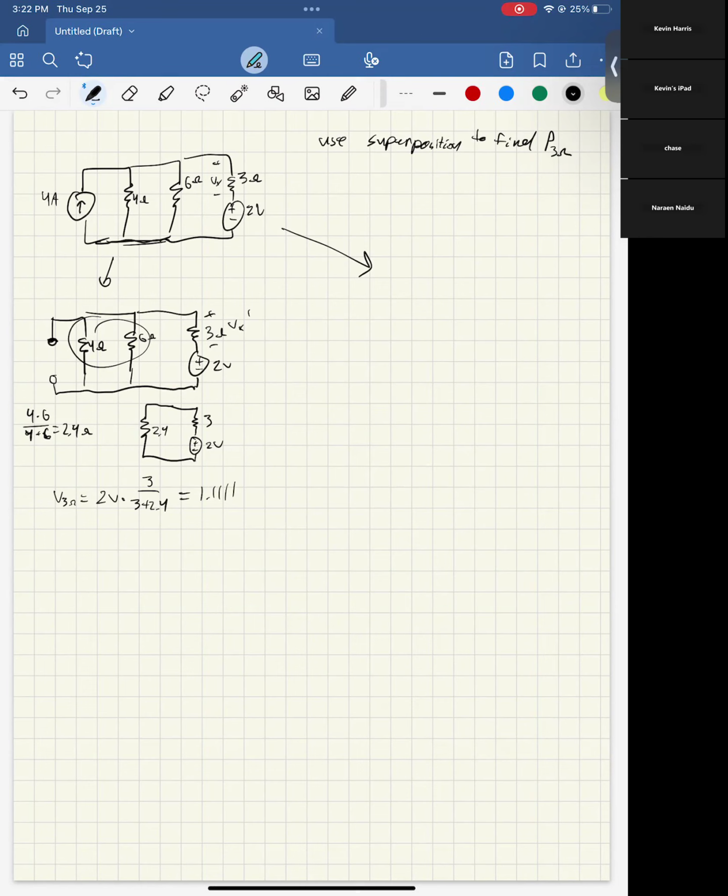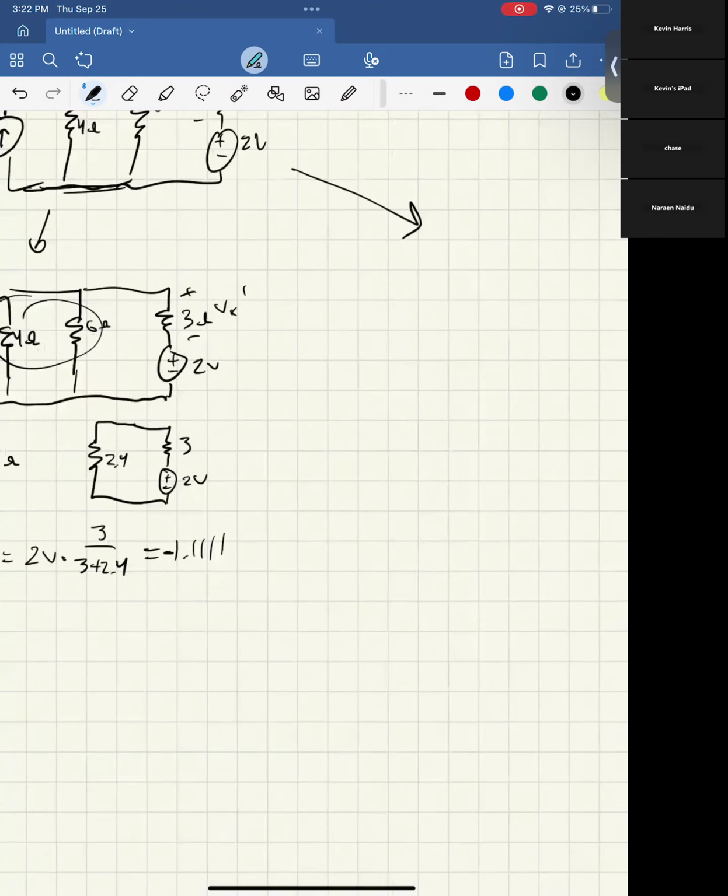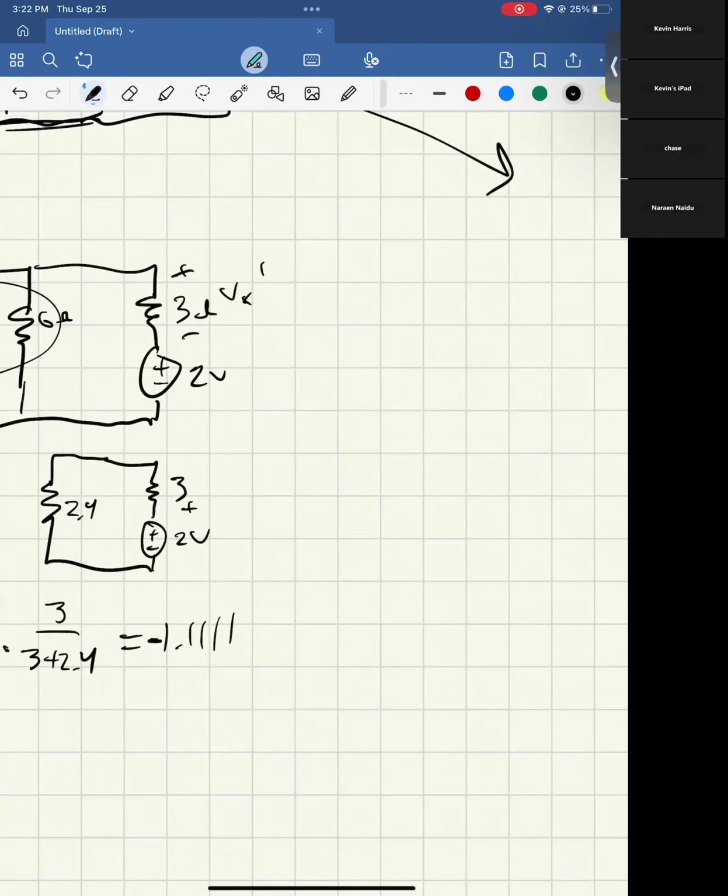And one thing to note is that this is actually going to be negative based on the sign that I gave here, because the current will be flowing this way because of the way that the voltage source is facing. So this is a negative 1.11 volts.